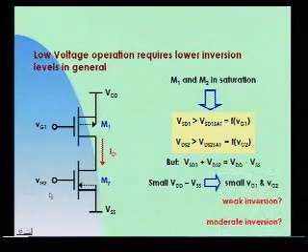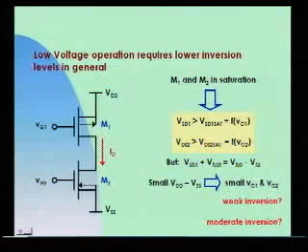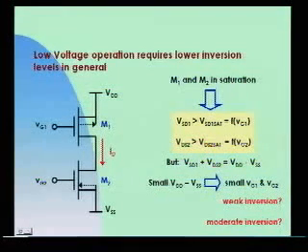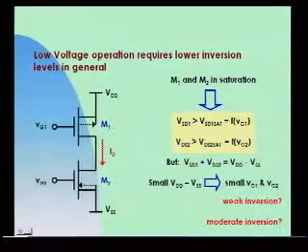Well, let's start with the obvious. Low voltage circuits will need the devices to operate with low levels of inversion. I mean, you are used to making your hand calculations for the designs using a strong inversion model, that is the quadratic law equation between voltage and current.